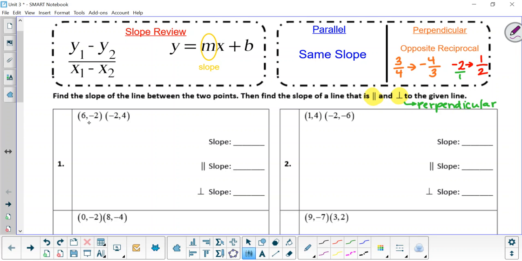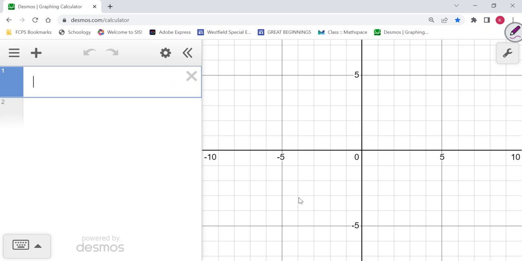Okay, so in my first problem, I have an x1, y1, x2, y2. So I'm going to set up my fraction, y1, negative 2, minus y2, 4, over x1, 6, minus x2, negative 2. Once I've set up my fraction, I can now go to Desmos.